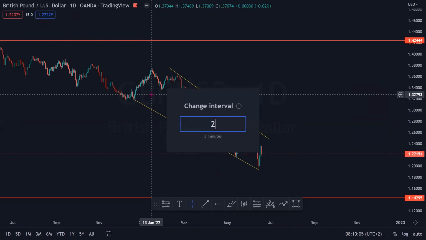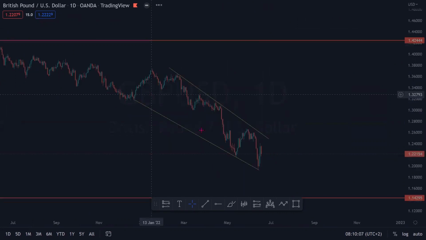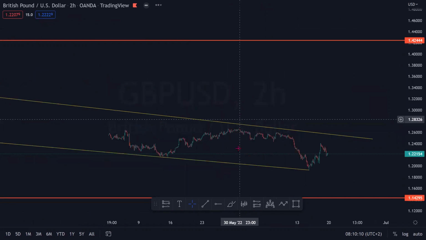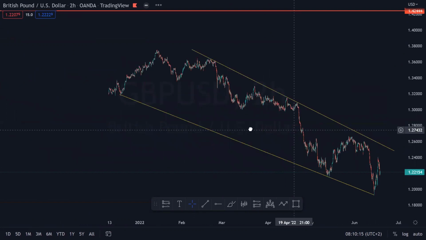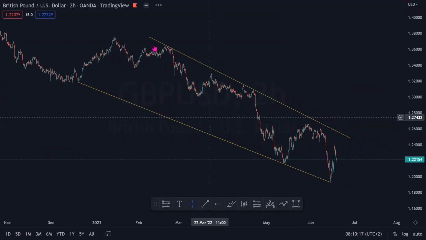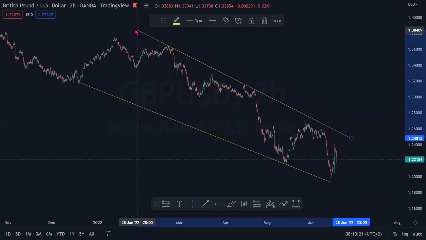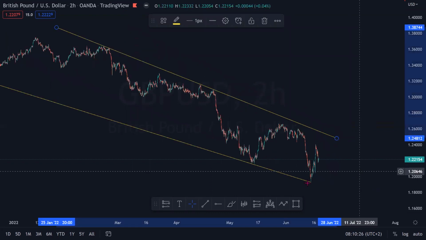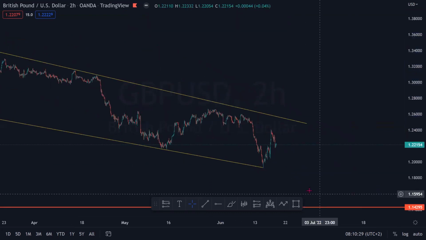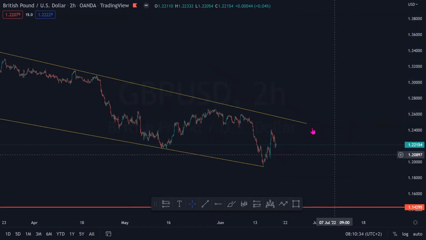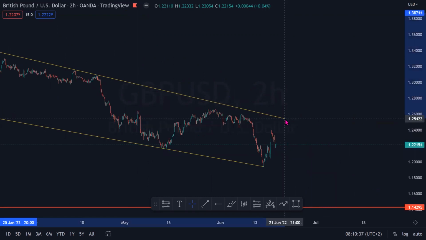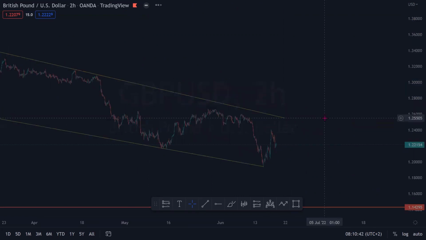Let's go to 2 hours to see it more properly. Okay, fine, it is confirmed. Let me just fix my touches right there and my structure right here. So let's go to 1 hour and see what happened.